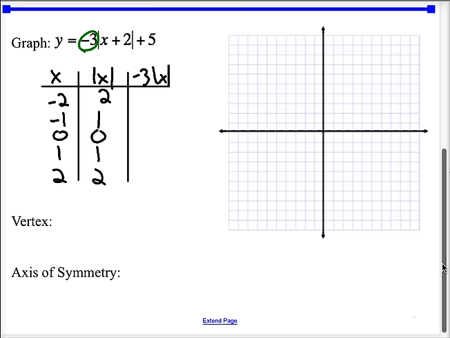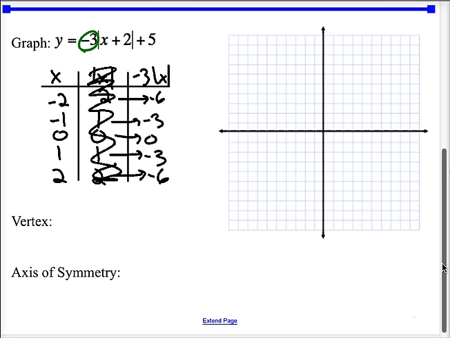So I'm going to take all of these and multiply them by -3. So I can essentially just wipe out that middle column. Now I don't need that because these are going to be my x's, these are going to be the y's that I'm plotting.